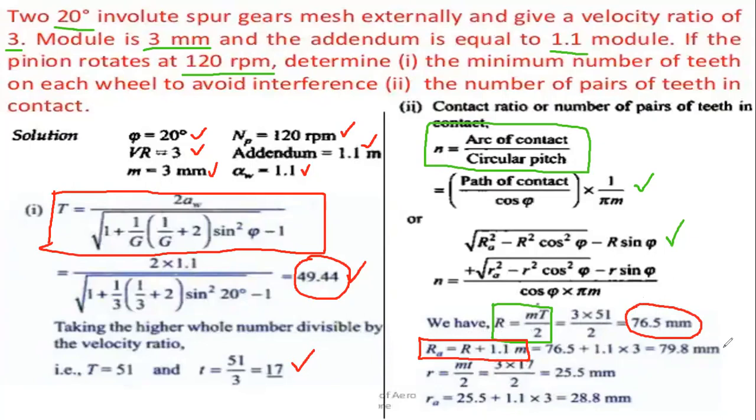In total we got 79.8 mm. That is the addendum radius of the wheel.